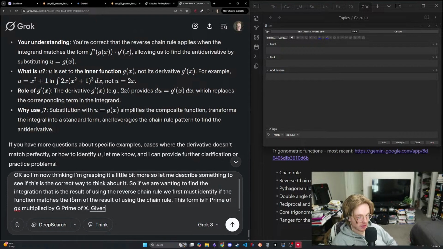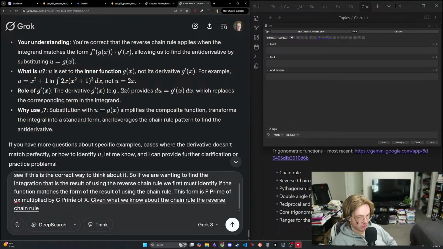Given what we know about the chain rule, the reverse chain rule will take us to the original composite form, which is f of g of x.